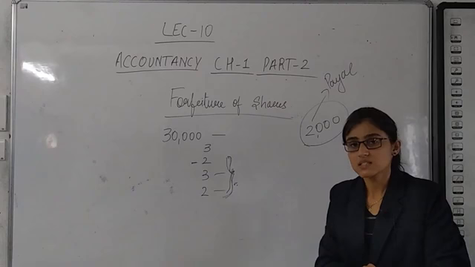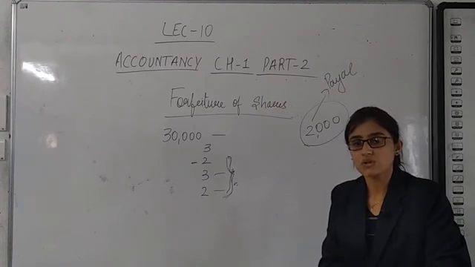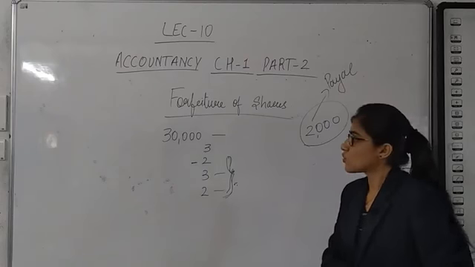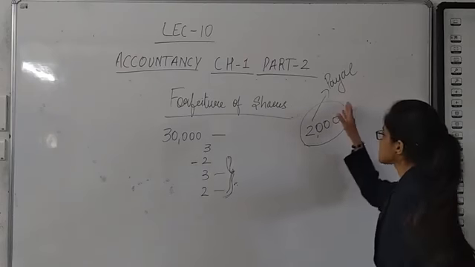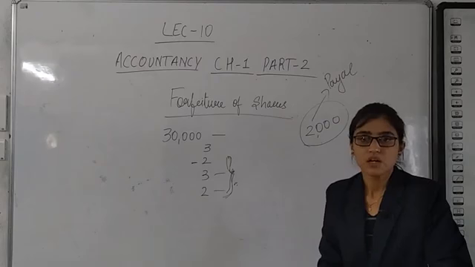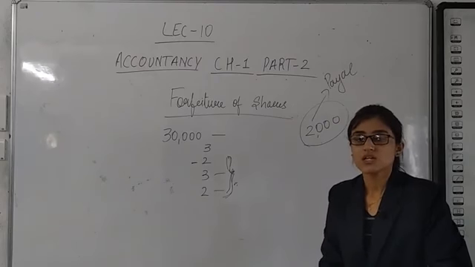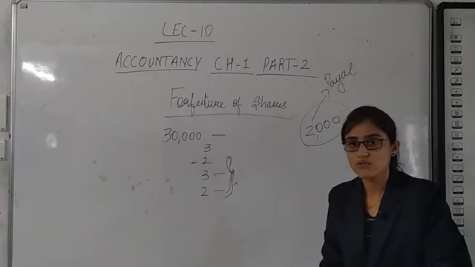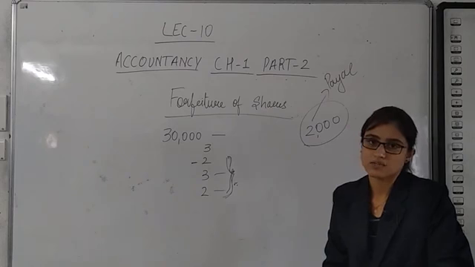So now the next step that the company is going to take is forfeiting the buyer's shares. That means she is no longer the holder of those shares.